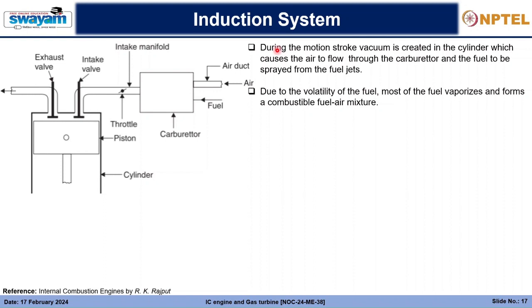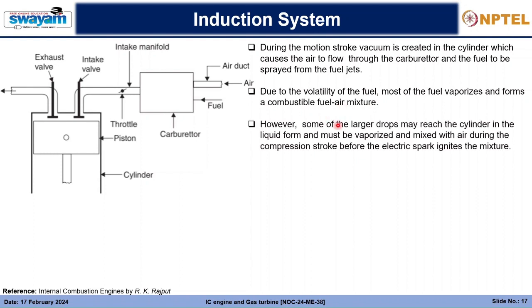So the fuel will vaporize and form a combustible fuel air mixture. Although we take care that it vaporizes, the larger drops may still reach the cylinder in liquid form, and must be vaporized and mixed with the air during the compression stroke before the electric spark ignites the mixture. So some amount of liquid fuel also goes in.